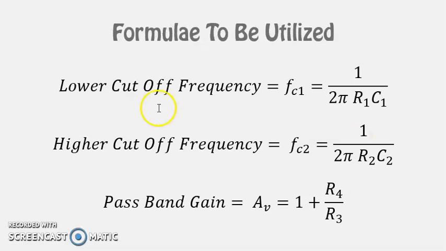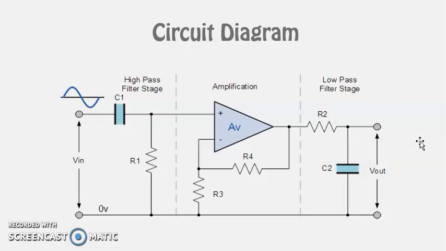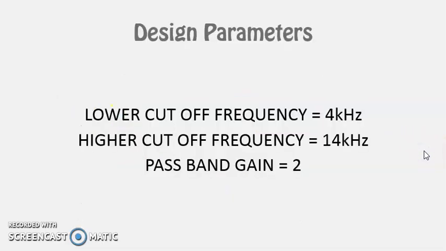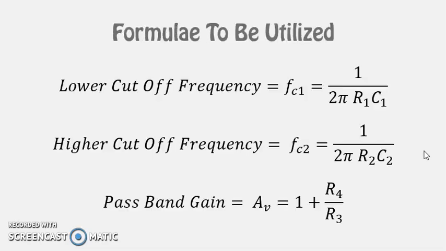You can see that the lower cutoff frequency, denoted as FC1, is equal to 1 over 2 pi R1 C1, where R1 and C1 are the components of the high pass filter, contributing towards the determination of the lower cutoff frequency.